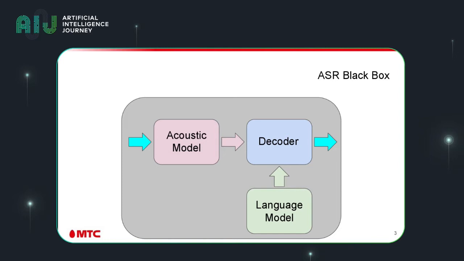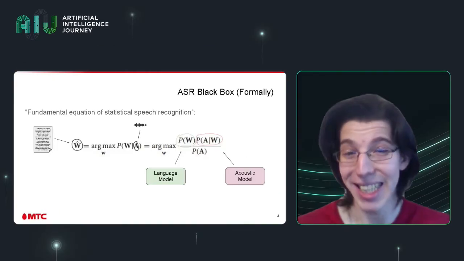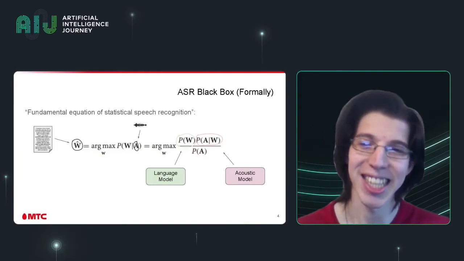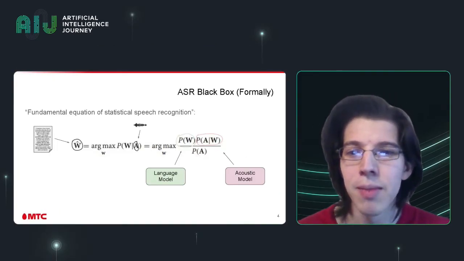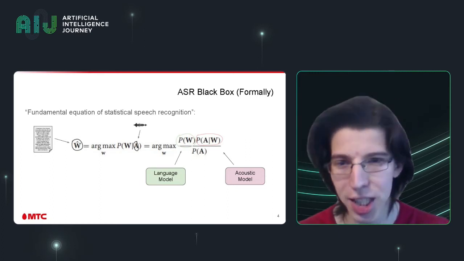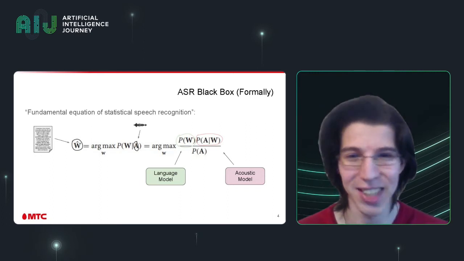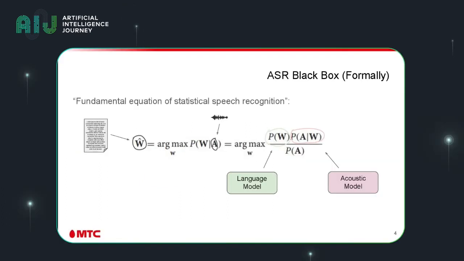The decoder uses the knowledge of the language model to predict a good phrase. Well, more formally, but not graphically, which looks beautiful but not that useful, we will see the fundamental equation of statistical speech recognition, where you can see all the components, and W at the beginning is the text.